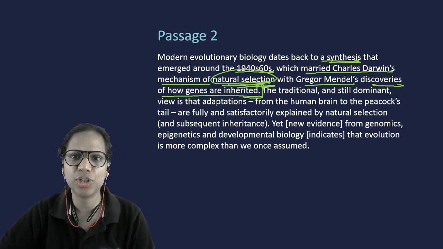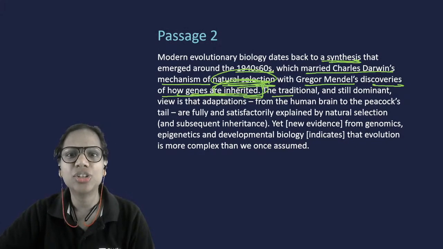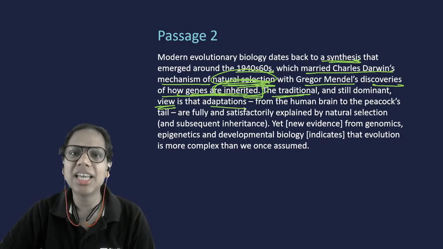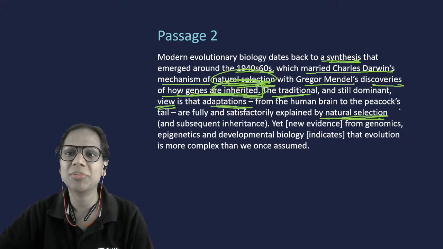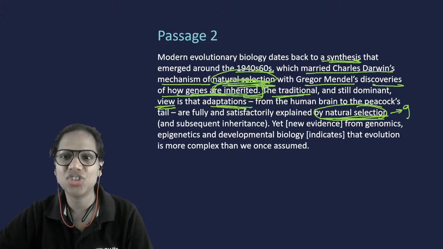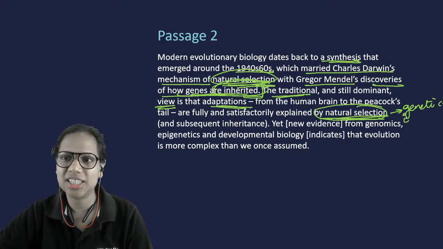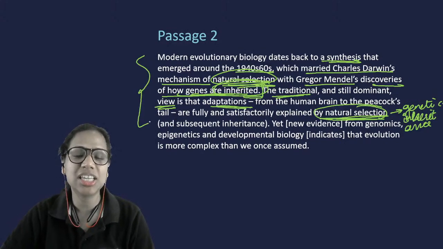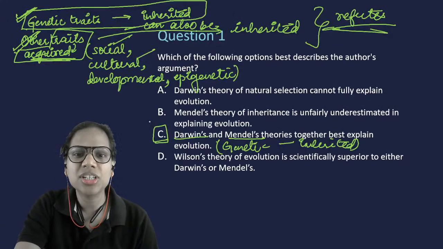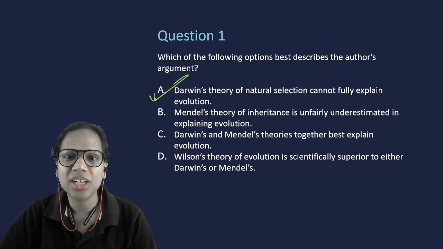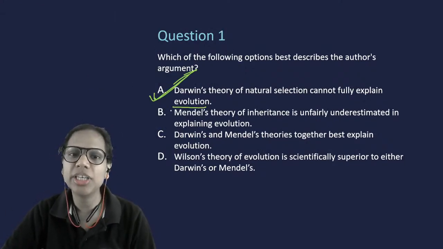And the traditional view is that adaptations from the human brain to the peacock's tail are fully and satisfactorily explained by natural selection, by our genetic inheritance. This is the traditional wisdom. The author is not saying that they best explain. The author is saying no, they cannot fully explain. Darwin's theory of natural selection cannot fully explain evolution.